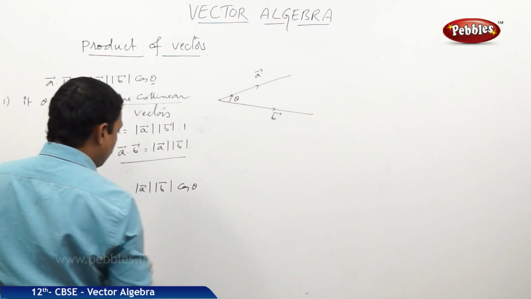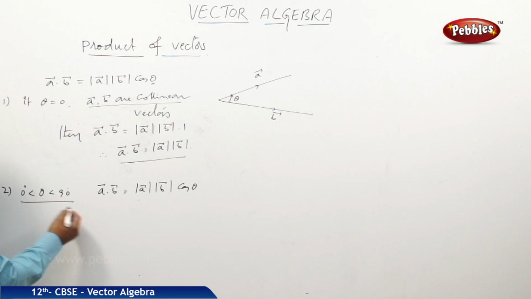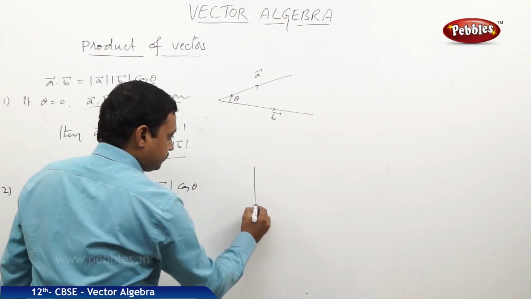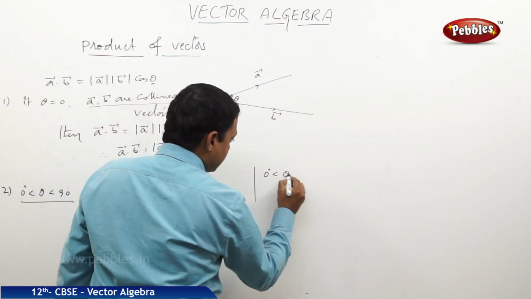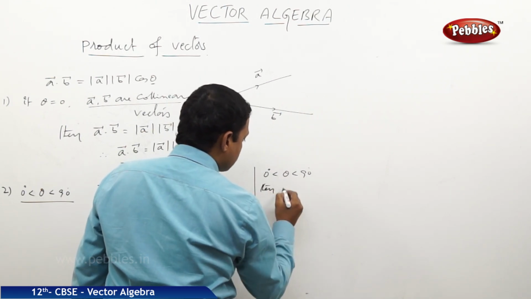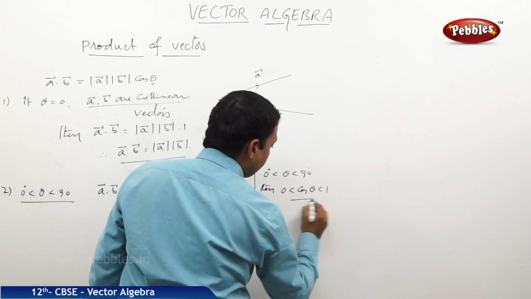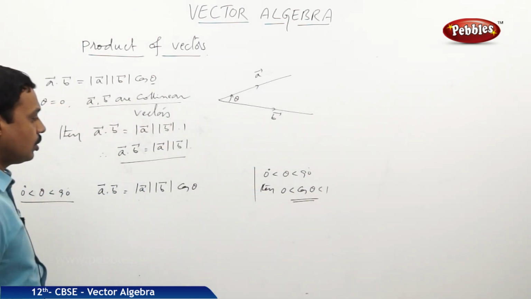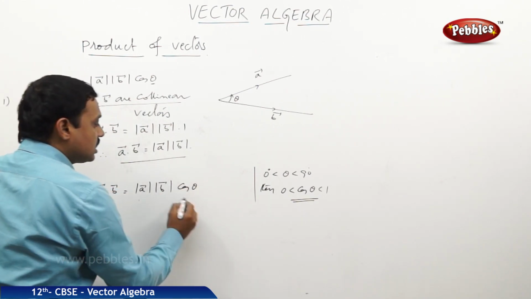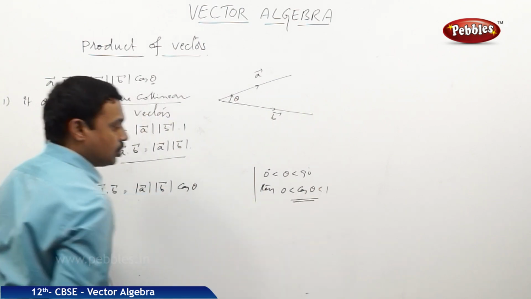We know that the cos values between 0 degrees to 90 degrees lie between 0 and 1. If 0 degrees less than theta less than 90 degrees, then 0 less than cos theta less than 1. Now, here cos theta is always the quantity that belongs to the interval 0 to 1.